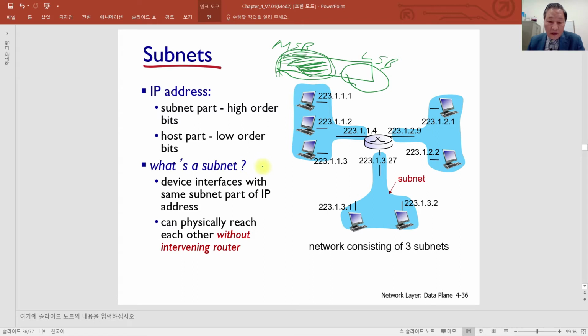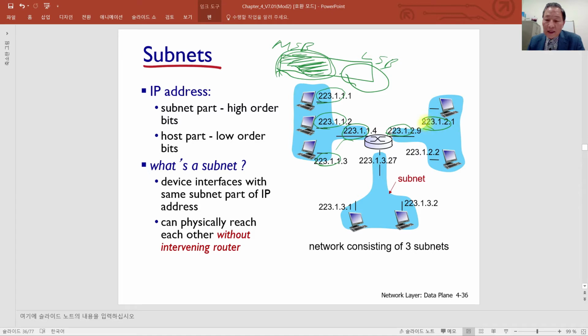What is a subnet? Device interfaces with the same subnet part of the IP address. Here, this one is a subnet address. This one is a subnet, and those are different from this.